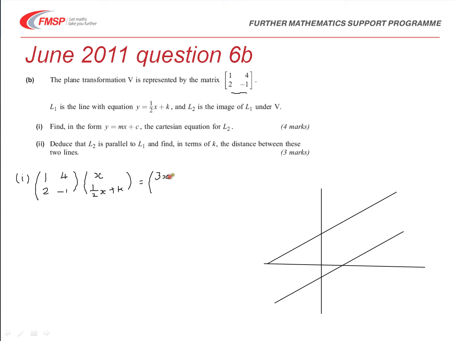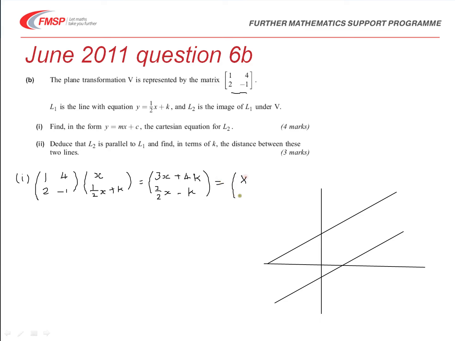And then we got the 4 times the plus k as well, so it's plus 4k. And then similarly we got 2 times the x minus 1 times the half x, which gives us 3 over 2x. And then we get a minus k in there.